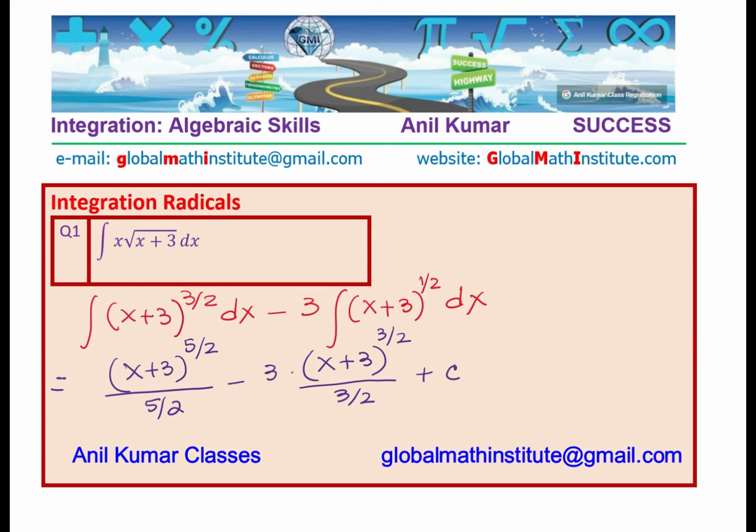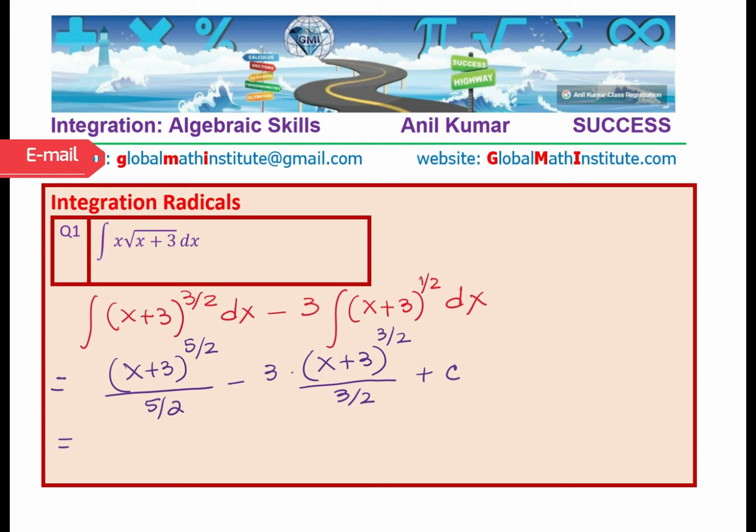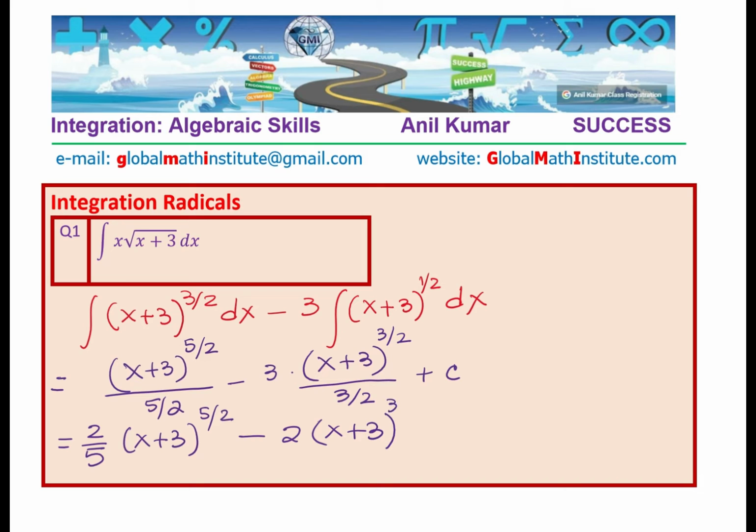Clear? Now you can rewrite this in a very simple way. 2 over 5 times x plus 3 to the power of 5 by 2 minus 3 and 3 cancel. 2 times x plus 3 to the power of 3 by 2 plus c.